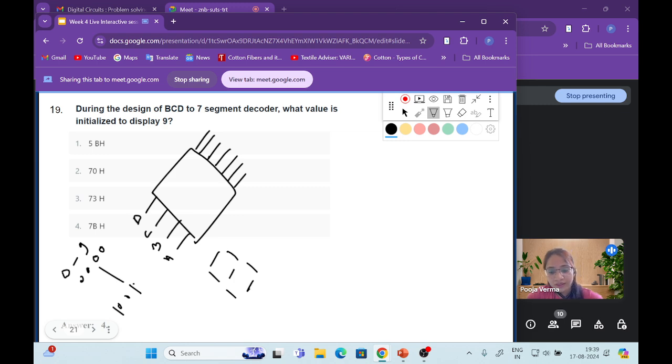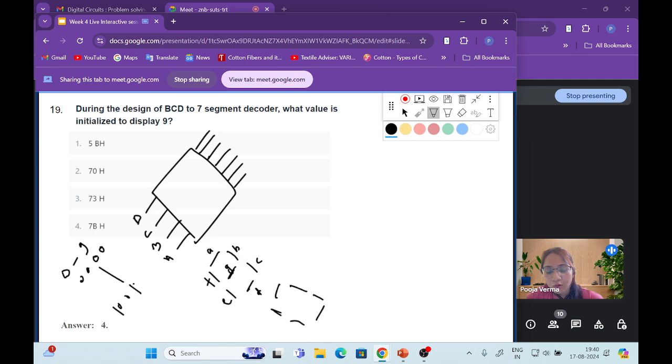There is some representation, this line is called A, then it is B, then C, then D, and this one is E, and this one is F, and this line is represented by G. So if we want to represent a 0, then how can we? Only A, B, C, D, E, F will light up, and this G will be off. So it will represent the 0.